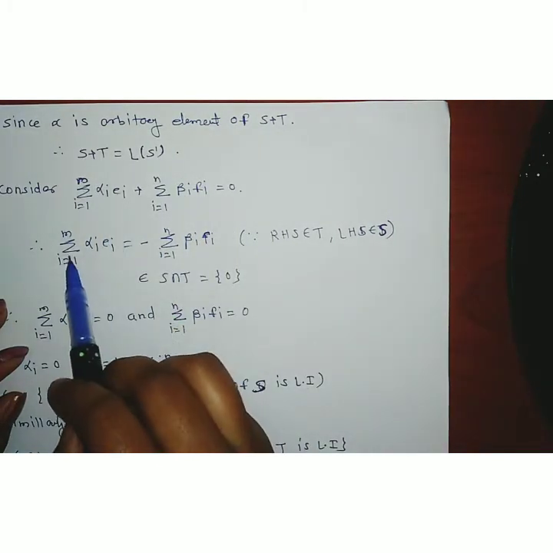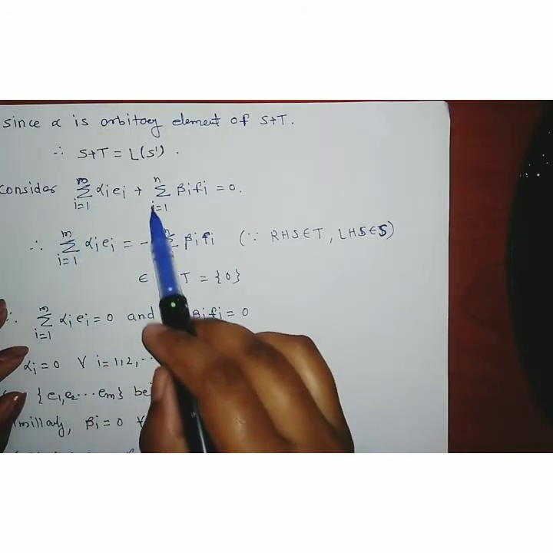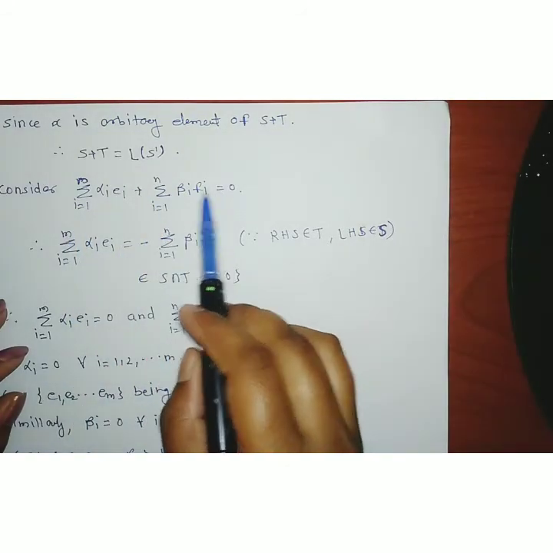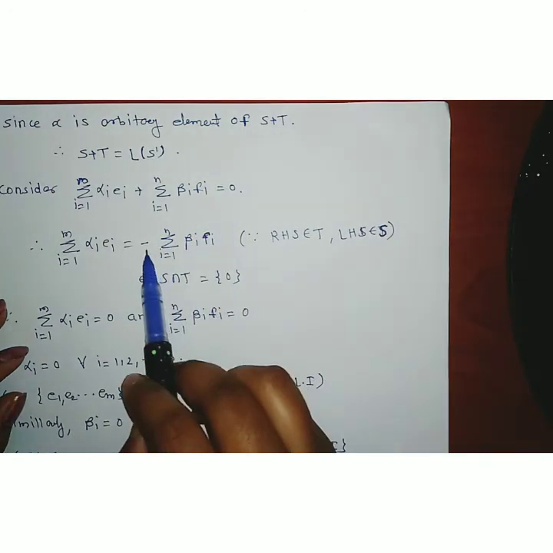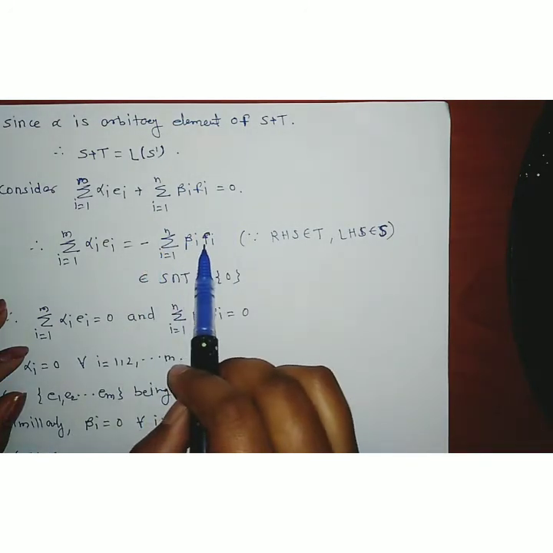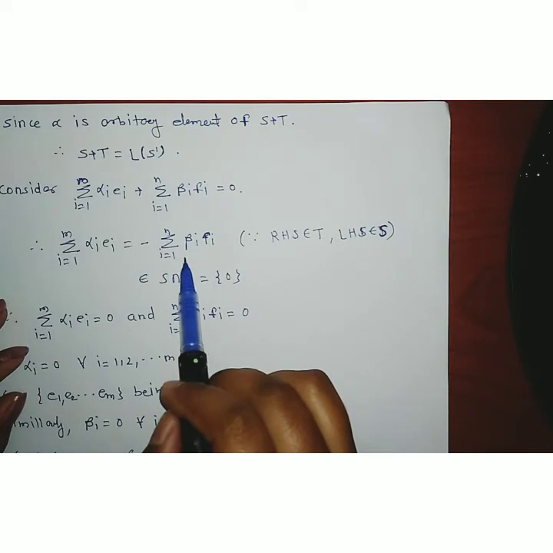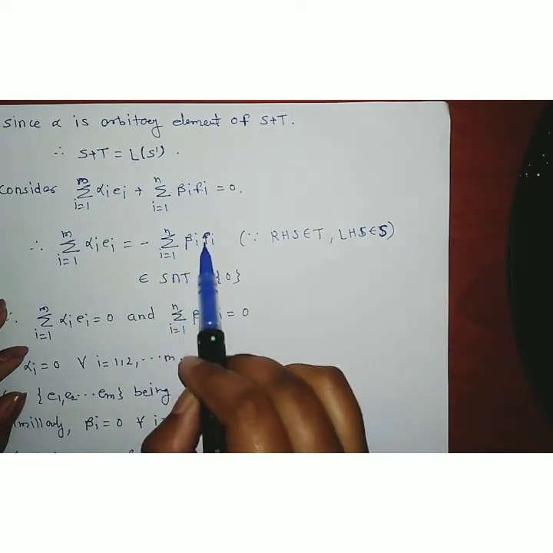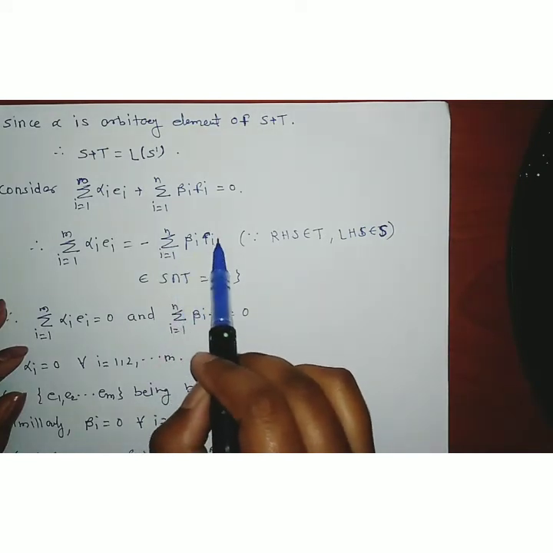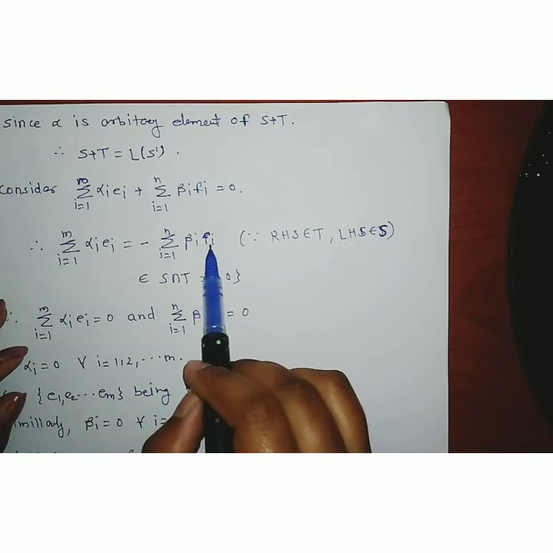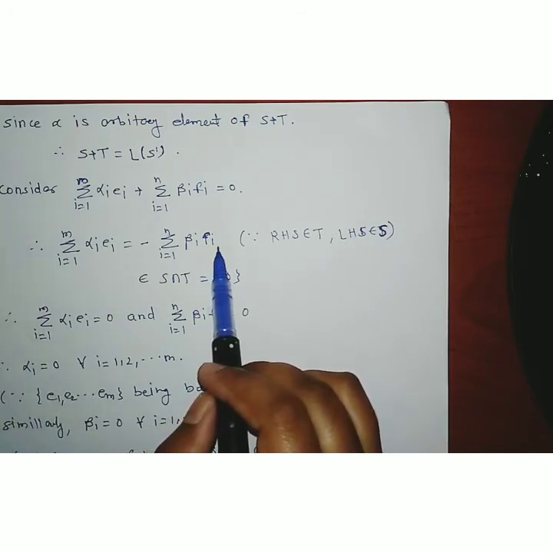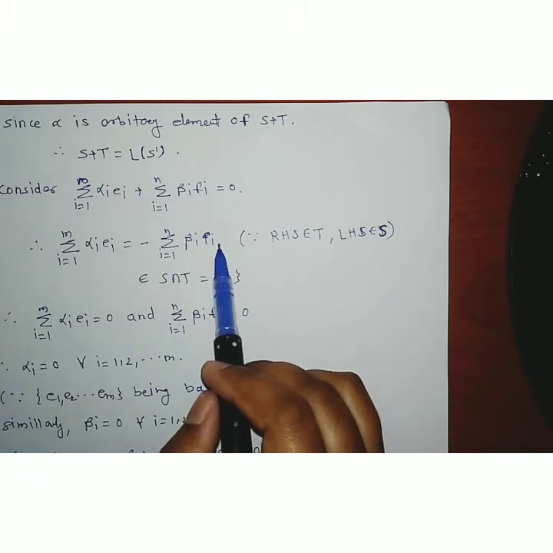Therefore summation alpha i ei, i from 1 to m, is equal to, taking this to the right hand side, minus summation beta i fi. Now look here, this fi forms a basis for which set? This fi forms a basis for T.